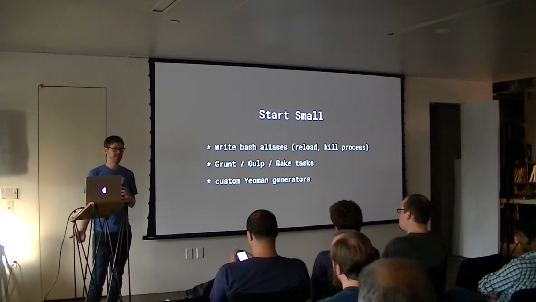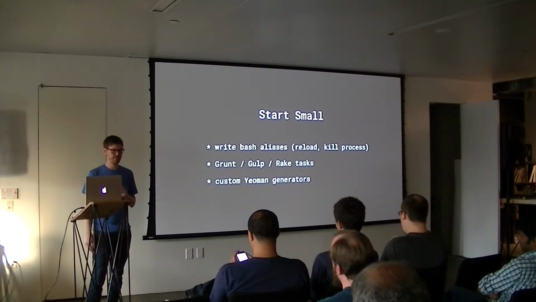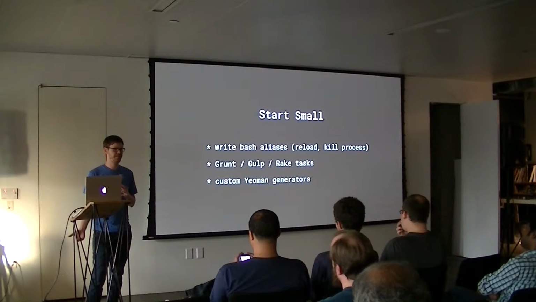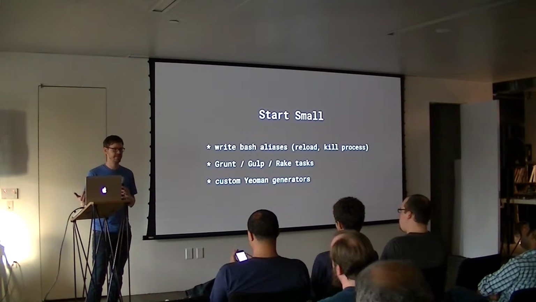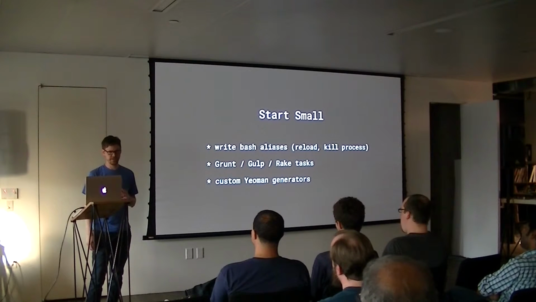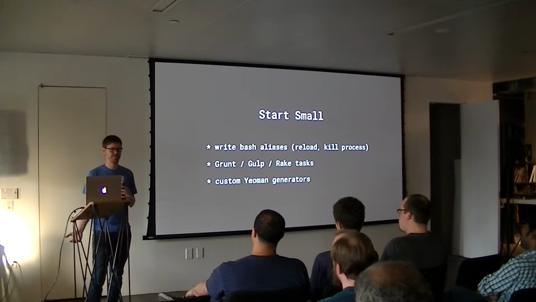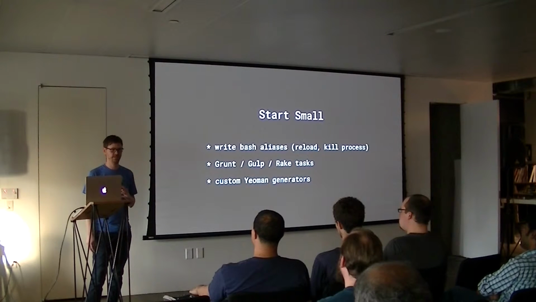If I make a change in my config, rather than having to quit terminal and restart it, I just type reload and it reloads without quitting everything. Some things that I use, like PHP processes, get stuck and I can't kill them, so I've got a script that finds the PHP process and kills it.